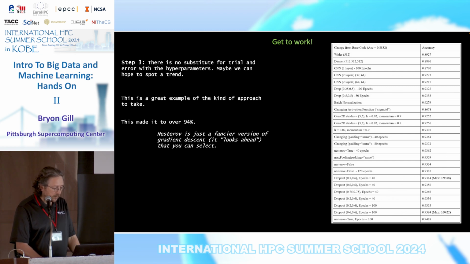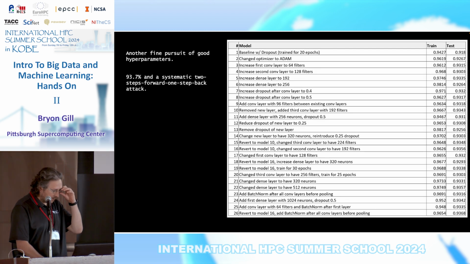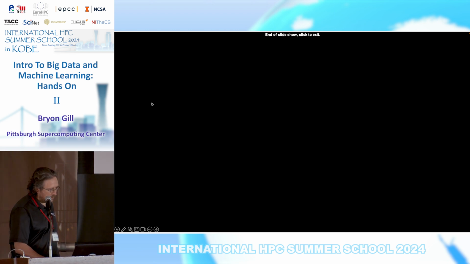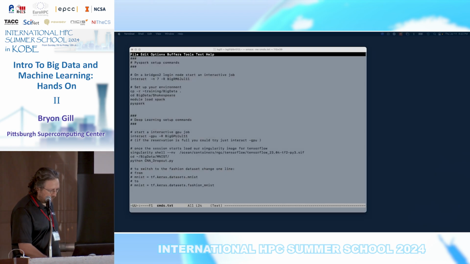But making some of these changes will allow you to get some better performance. Here we go with a 2-step forward and 1-step back attack. We got up to 93.7, and that was the best that we got when we were working on it back in Pittsburgh. So going from 92 to 93% is a big step, and getting even more, if you can do that, then you're making big progress.